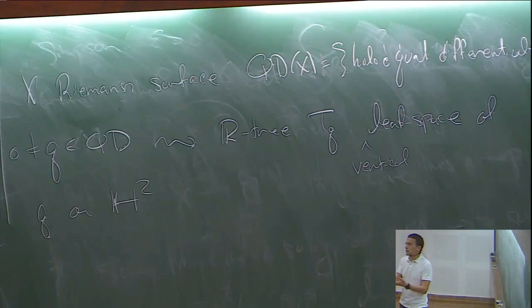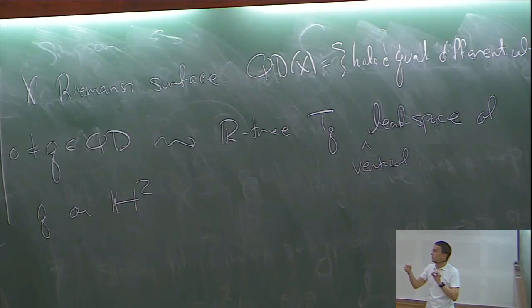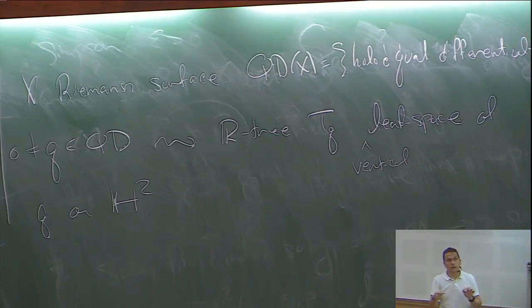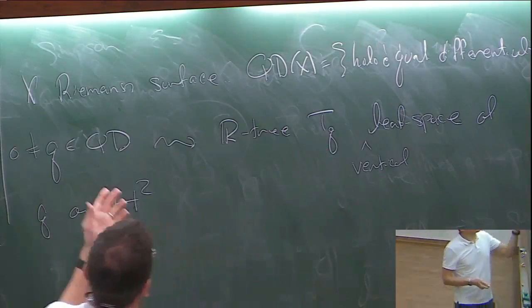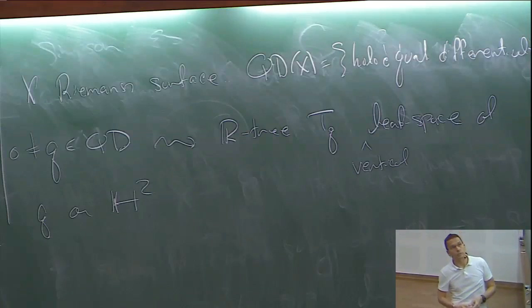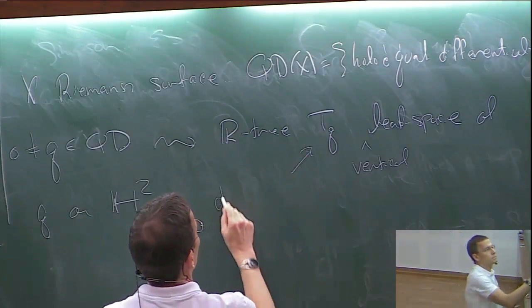If I take one leaf space, that becomes a tree, and the transverse foliation gives me a way to measure distances along that tree. This is sometimes called the dual tree to a measured foliation, and a quadratic differential gives you a pair of measured foliations. So this is called a dual tree.